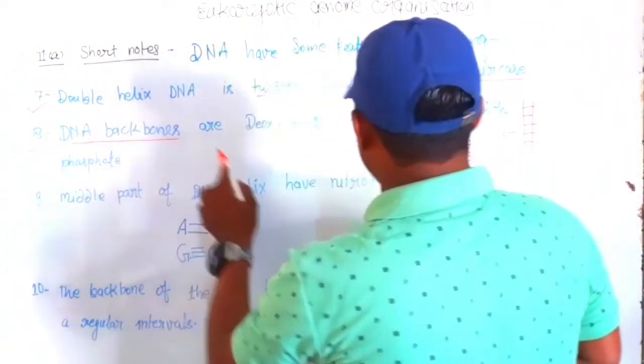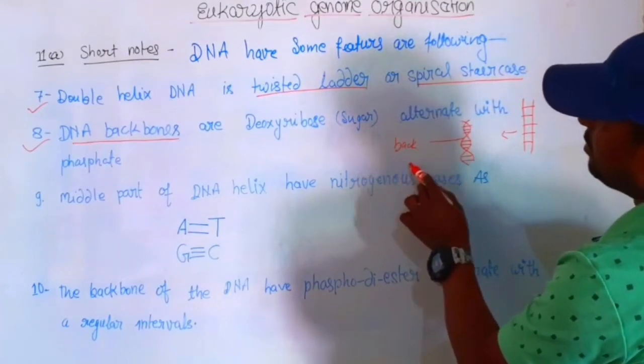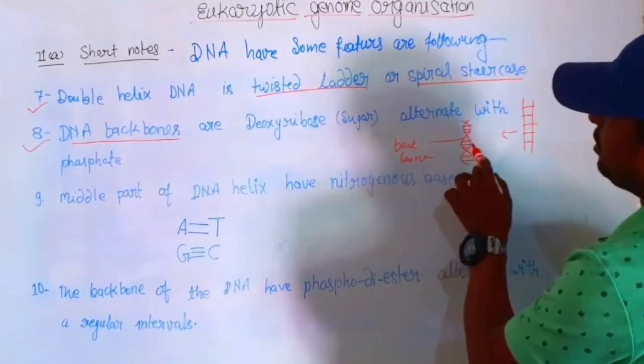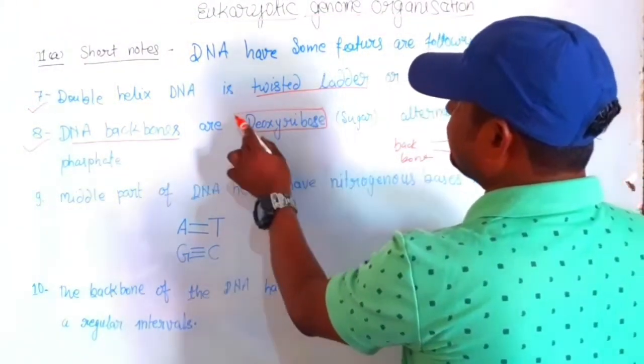So, next, 8. DNA backbone. This is the backbone. Both sides are deoxyribose.